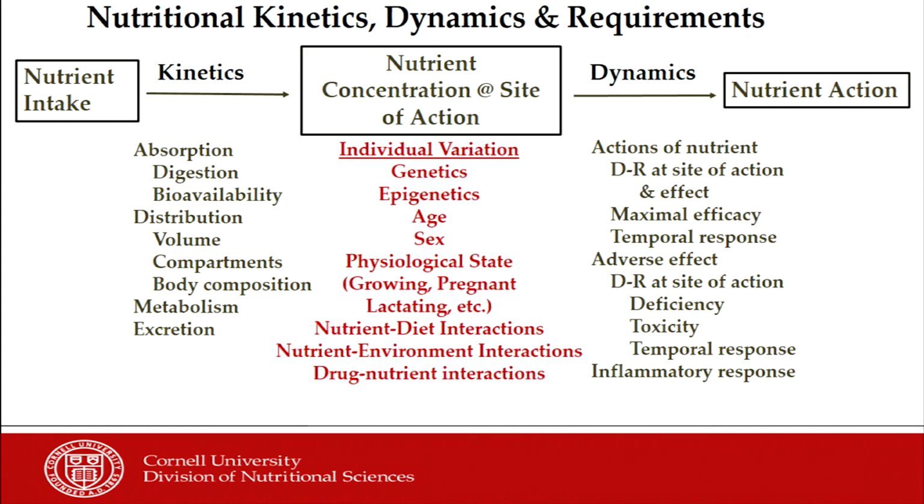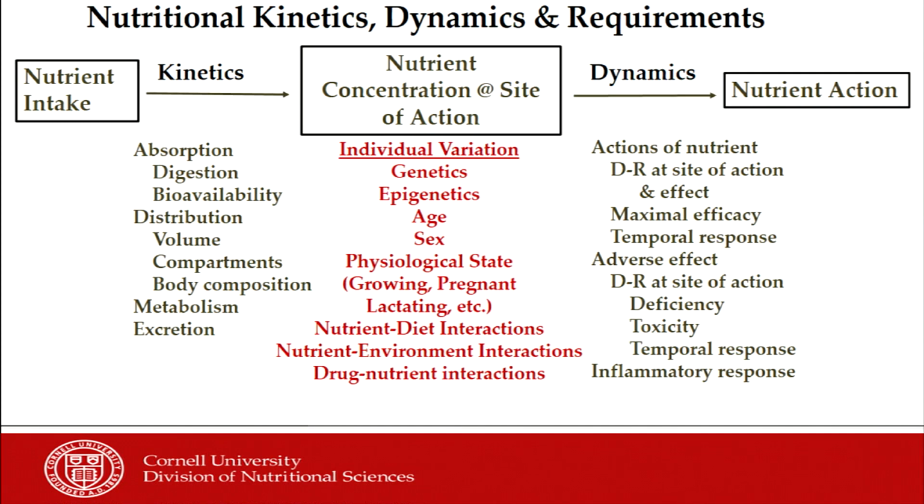So the variability among individuals in these kinetic and dynamic processes relates to a number of factors. Genetics is certainly one. Epigenetics is another, and an important one, and can be transgenerational. Age is another one that over the life course can change the kinetics or dynamics in an individual.